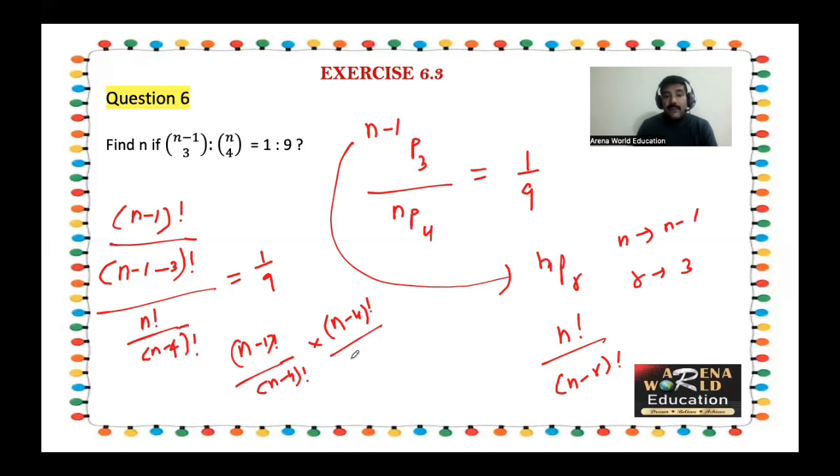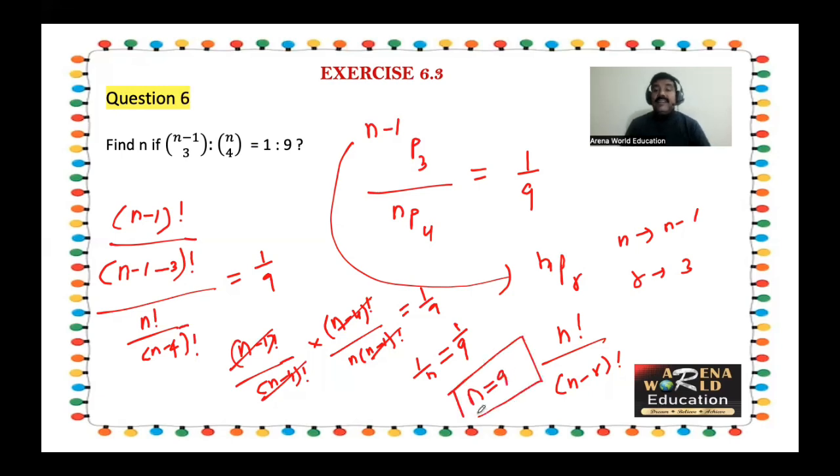Now n factorial can be written as n into (n minus 1) factorial, right? If we simplify, this one is gone, this one is gone, and we are left with 1 upon n equal to 1 upon 9. And if we find the value of n, it is 9, right? In this way, you can easily solve question number 6.